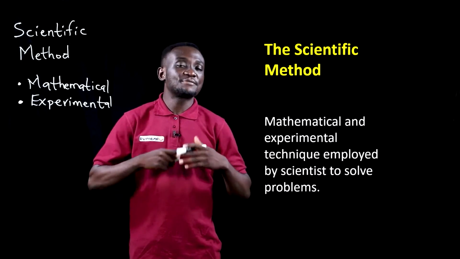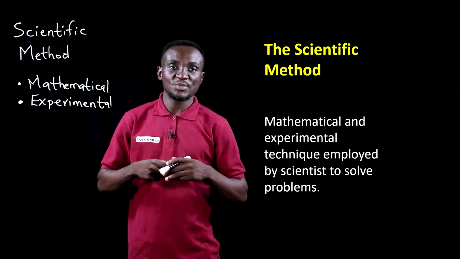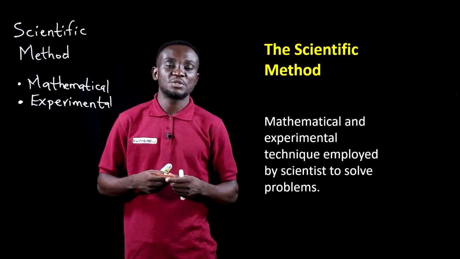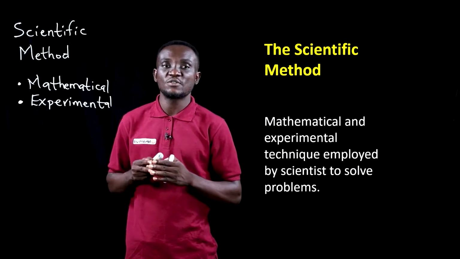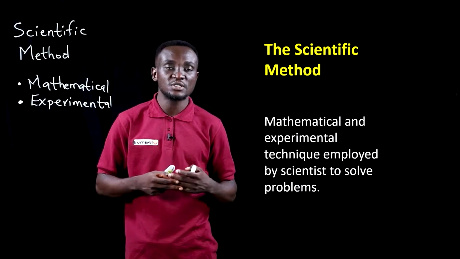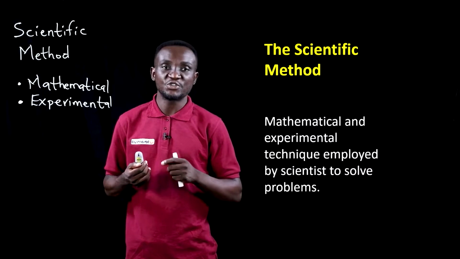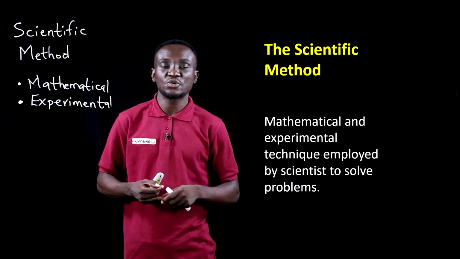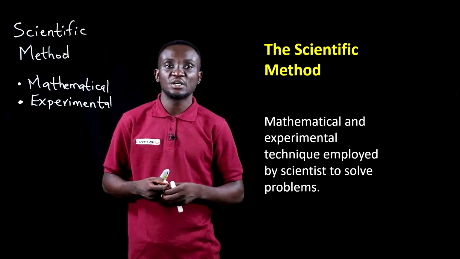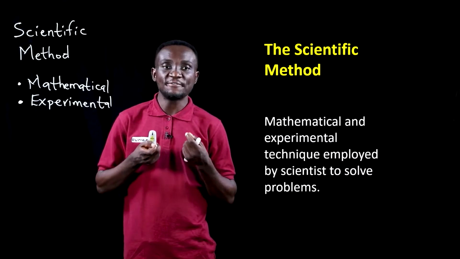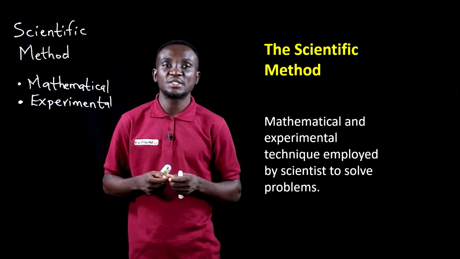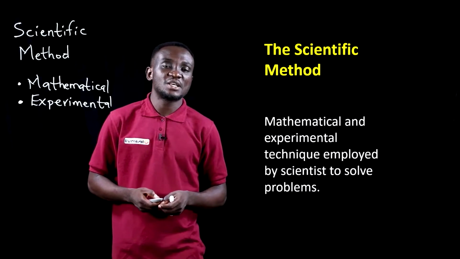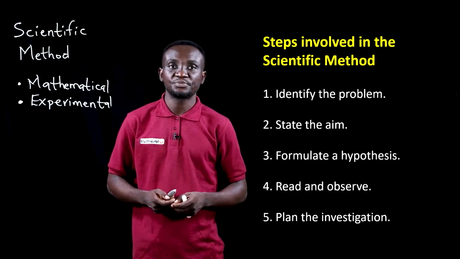Now, there are different ways of solving problems scientifically, but the scientific method has been shown to be one of the best ways, because it yields results that have been tried and tested, and inferences made from the results gathered using the scientific method are much more effective than some other methods that are being used.